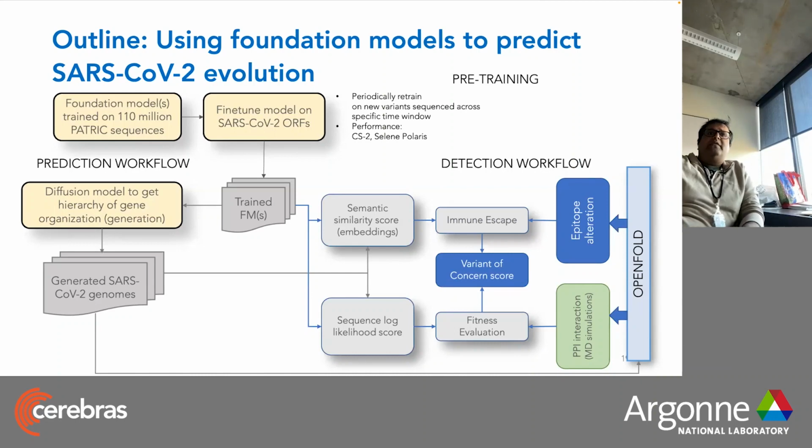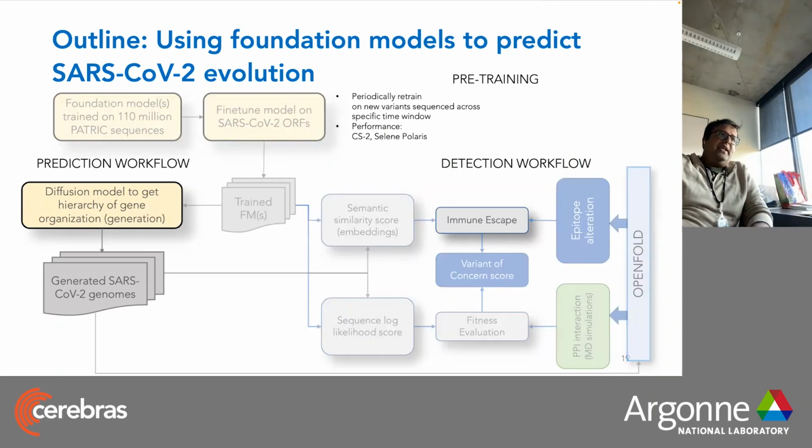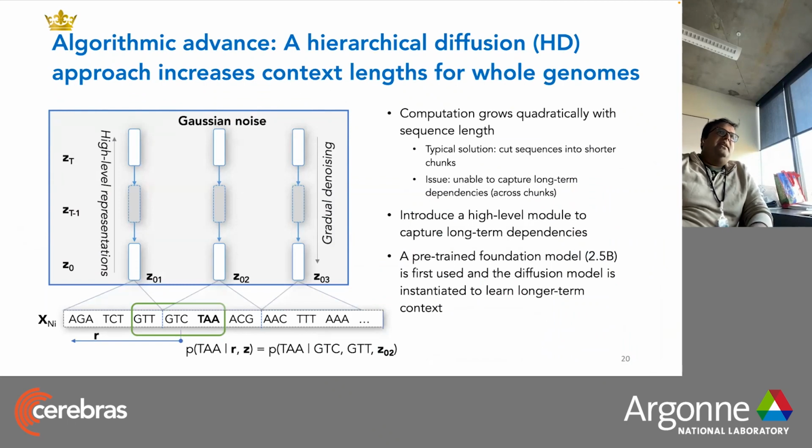Now, coming to this idea of how we train and get these diffusion models to work. As we know, the computation grows quadratically when we have to compute the attention values on much larger sequences. So the typical solution is to cut these sequences into smaller chunks and learn them. But the issue would still remain, which is that it doesn't capture the long-term dependencies that exist.